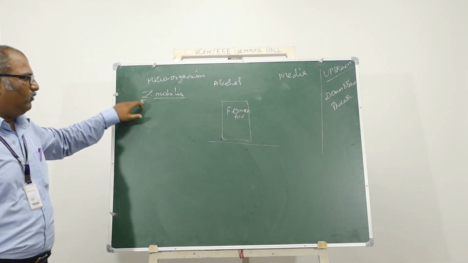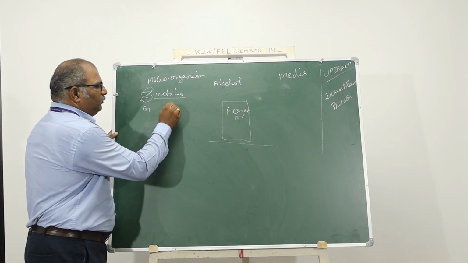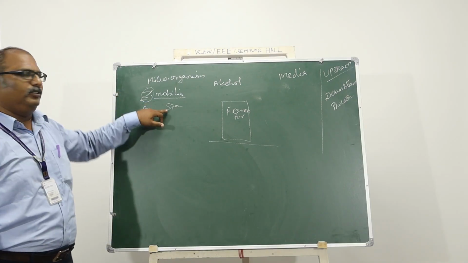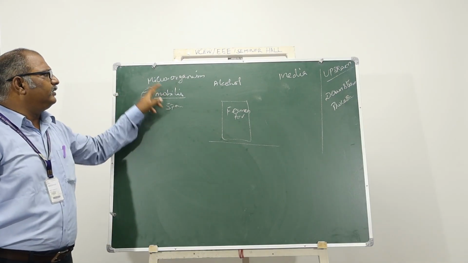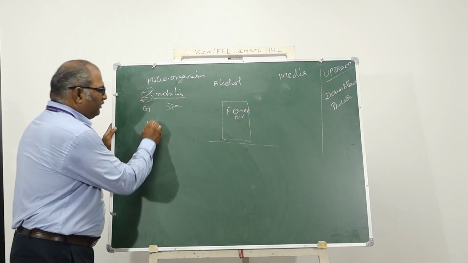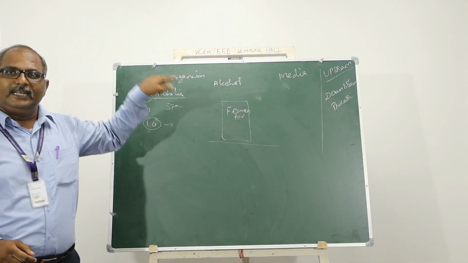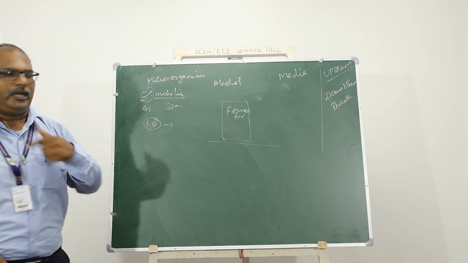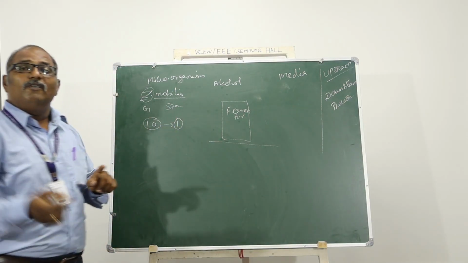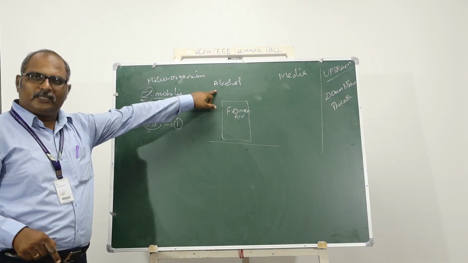Say, for example, this is the genus, this is the species. As per the classification of genus and species, there are n number of species available in Zymomonas. Out of, say, 10 species, I need to check which species is capable of producing a higher yield of ethanol. Then I have to fix one microorganism which is capable of producing a high yield of ethanol.